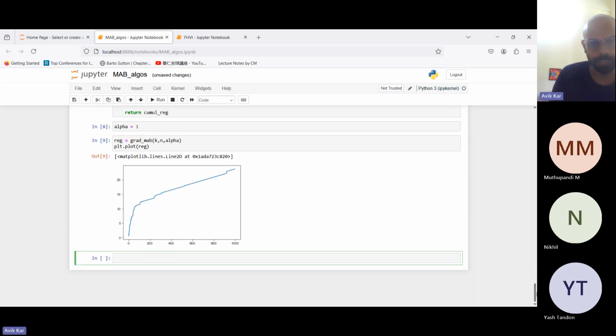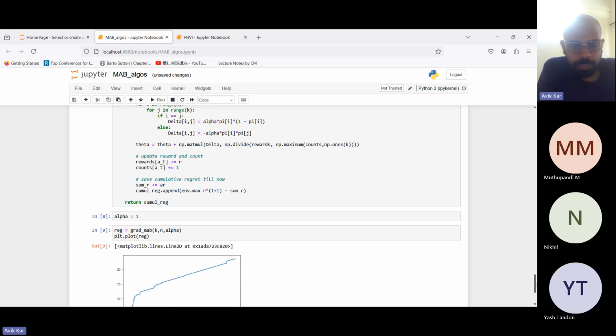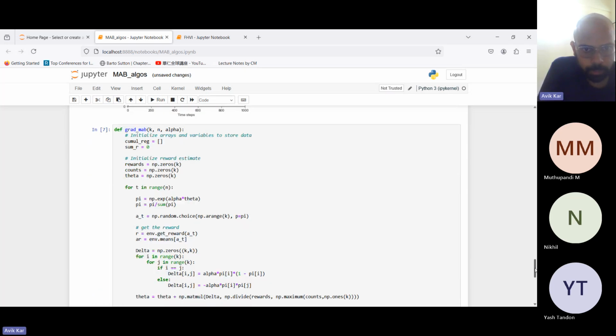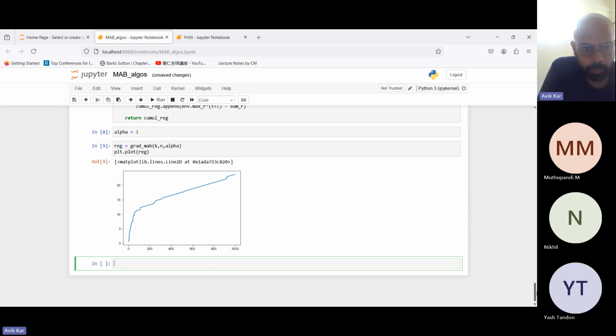It ran the first time. Great. Satisfactory. So if you see this, Thompson sampling is 20, fine. The 1,000 step performance, the cumulative regret, is somewhere between 30 to 40 on average. Here it is 20 above, so 25 around, I think, 23 around.